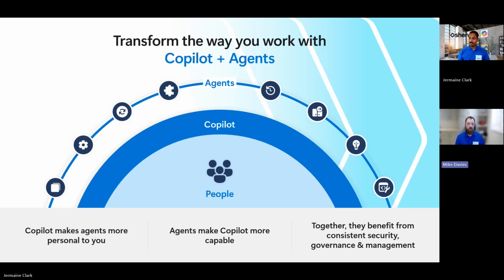But this is where you get to take it from I'm saving time to now I'm scaling my business with the use of AI. This is where I'm able to help my customers grow, increase revenues, not just save the owner an hour a week because he didn't have to read through as many emails with the summary function.